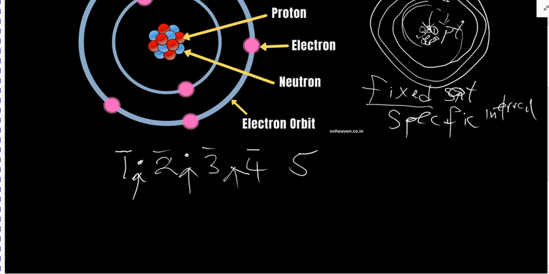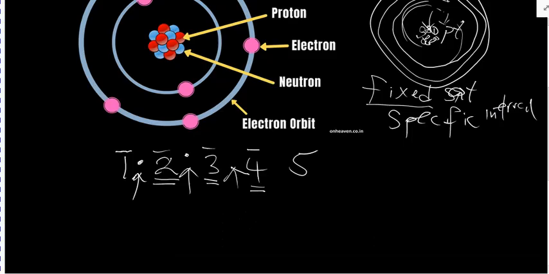So that's exactly what Bohr is talking about. He's saying that the energy of the electron is quantized. So it is designated a specific energy at specific intervals, and there's not going to be any interval other than those intervals. So the energy of the electron is quantized.